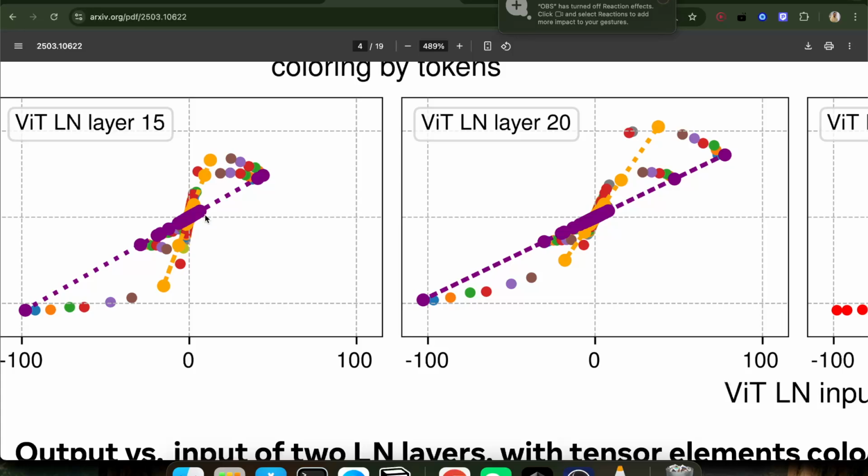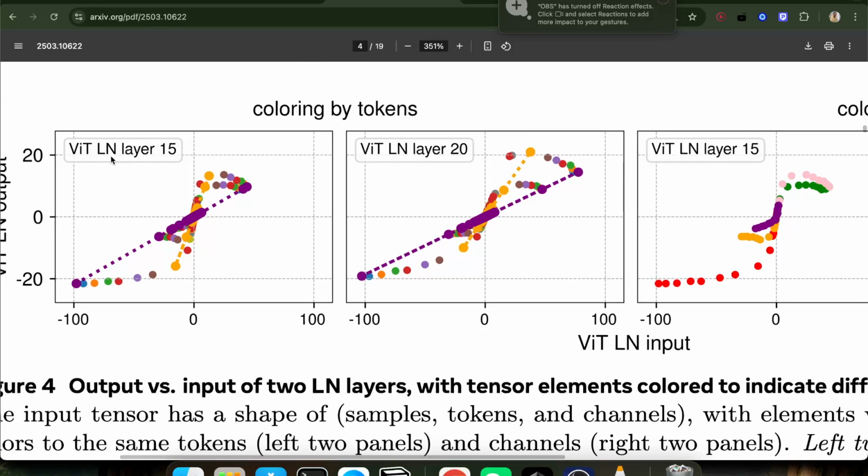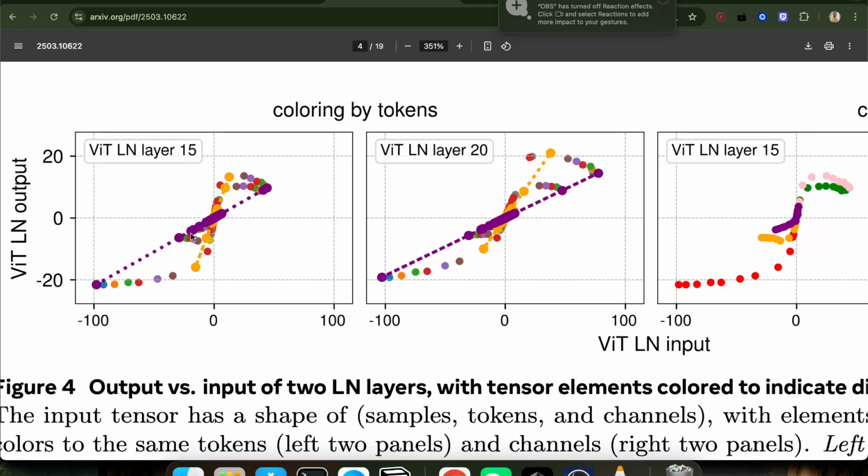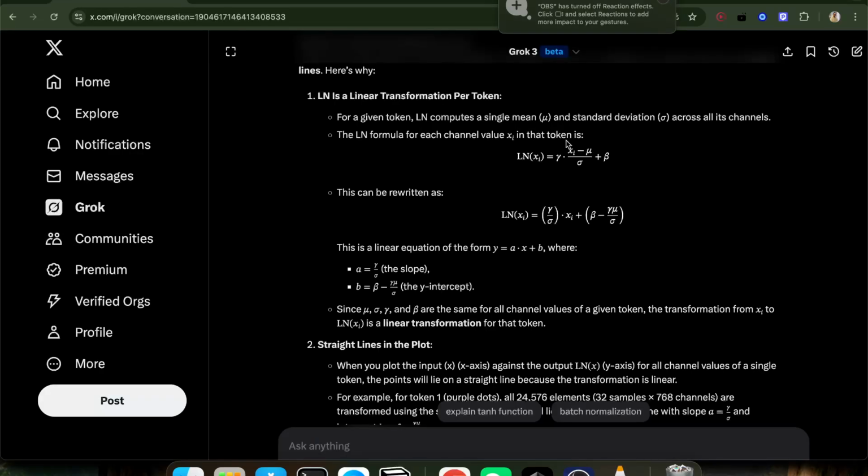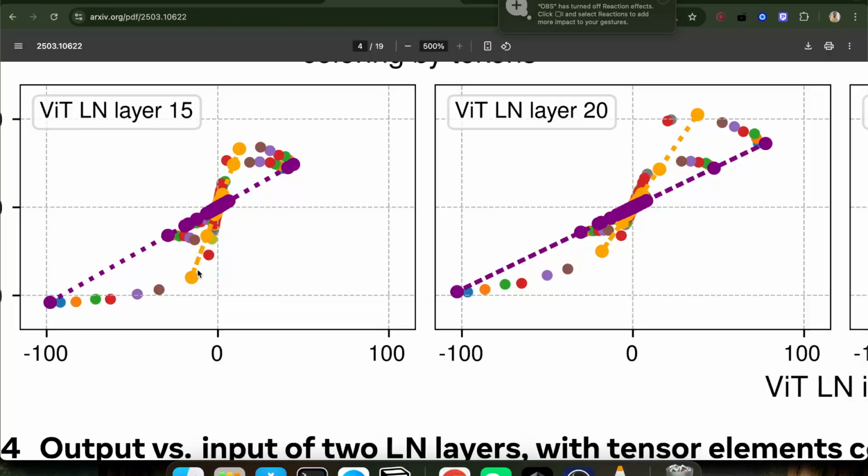Now why do some of these dots have a straight line? This is because layer normalization is a linear transformation. So here you see this is doing the normalization, subtracting the mean, dividing by the variance, and then we have this gamma and beta, scale and shift. So that's going to be a linear transformation.